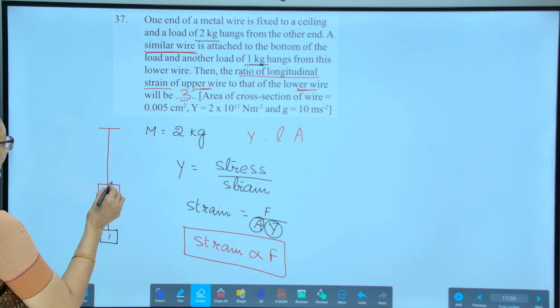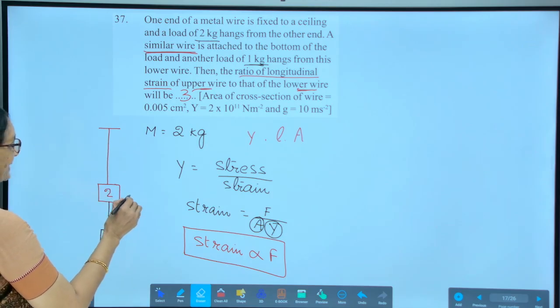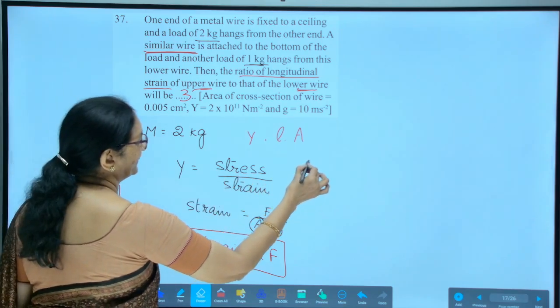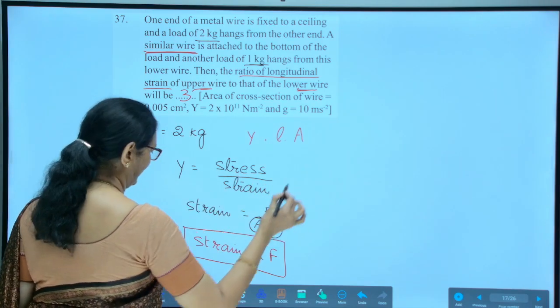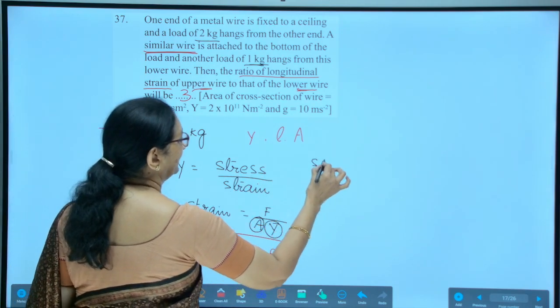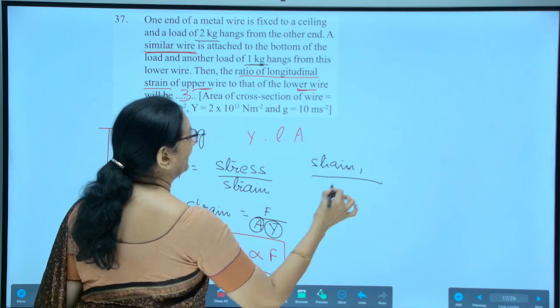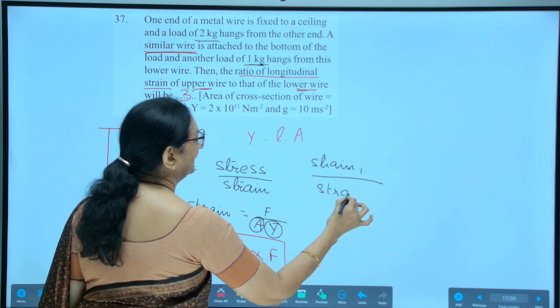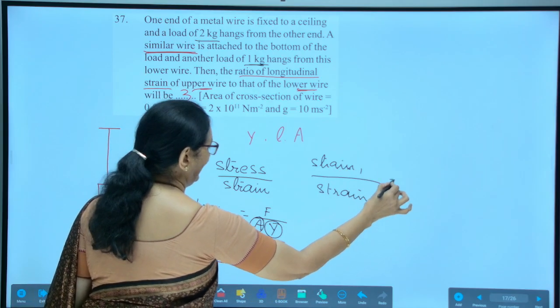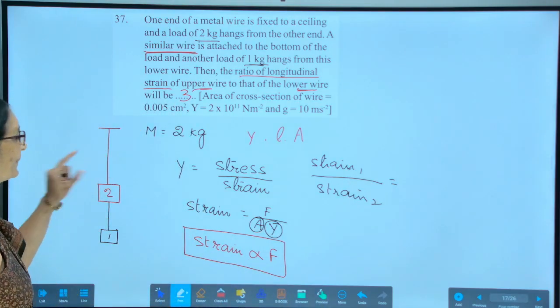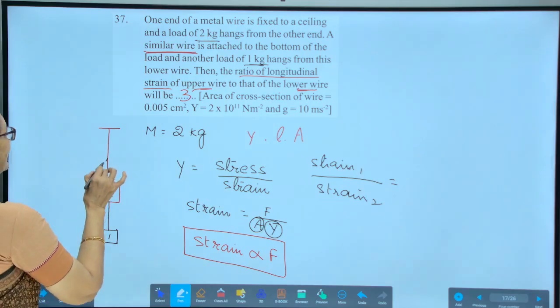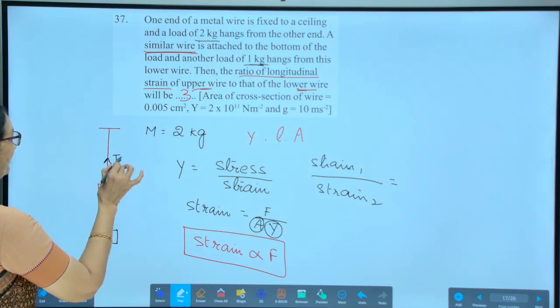So the strain in the upper wire by the strain in the lower wire is equal to the force experienced by the upper wire by that of the lower wire. Let us take the upper tension as T1.